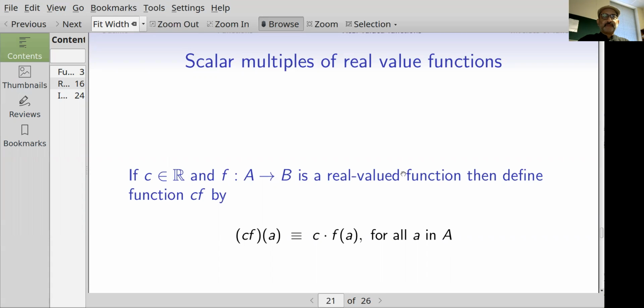If f is a function from A to B and c is some real number, we define a new function called c times f. And by c times f, we mean the function such that c times f acting on a gives us c times f of a.